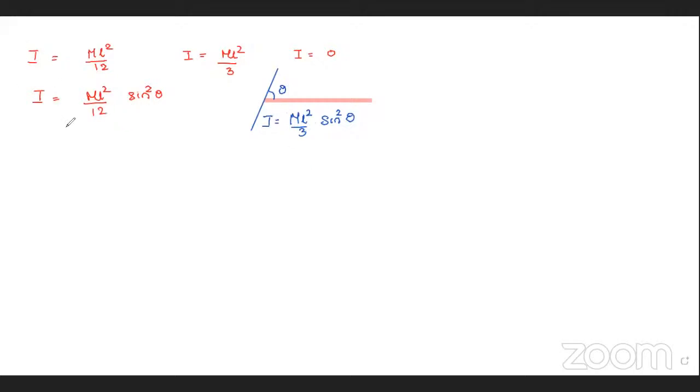See here, for the same body, we found almost 5 different moments of inertia depending upon the axis of rotation. So for the same body, if you change the axis of rotation, surely the moment of inertia will change.